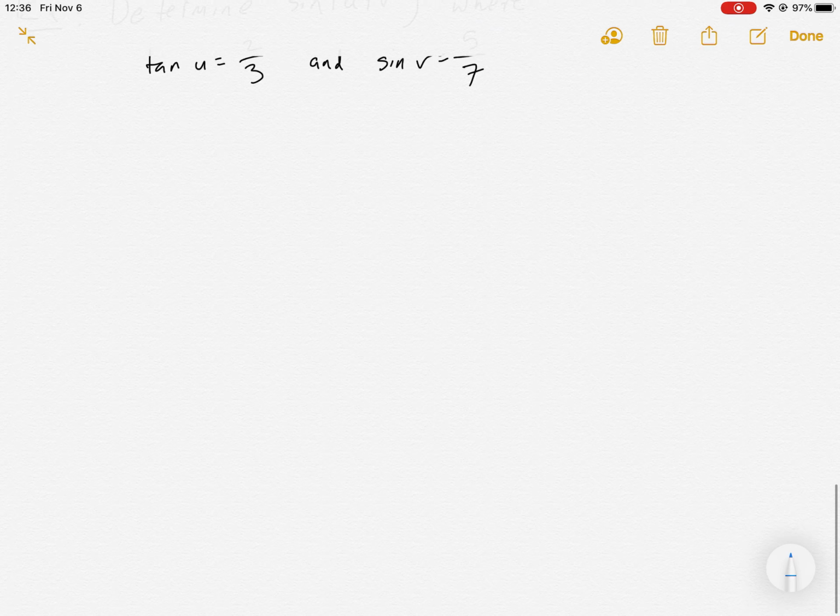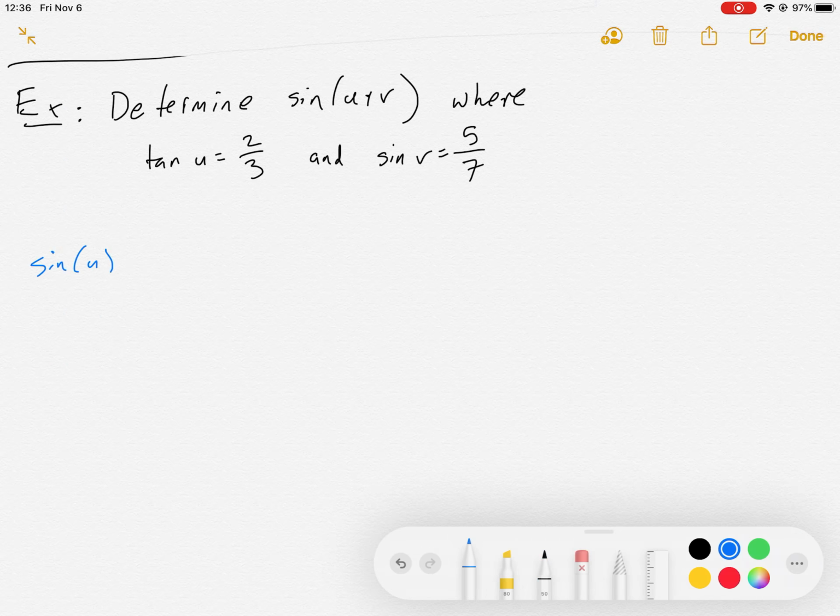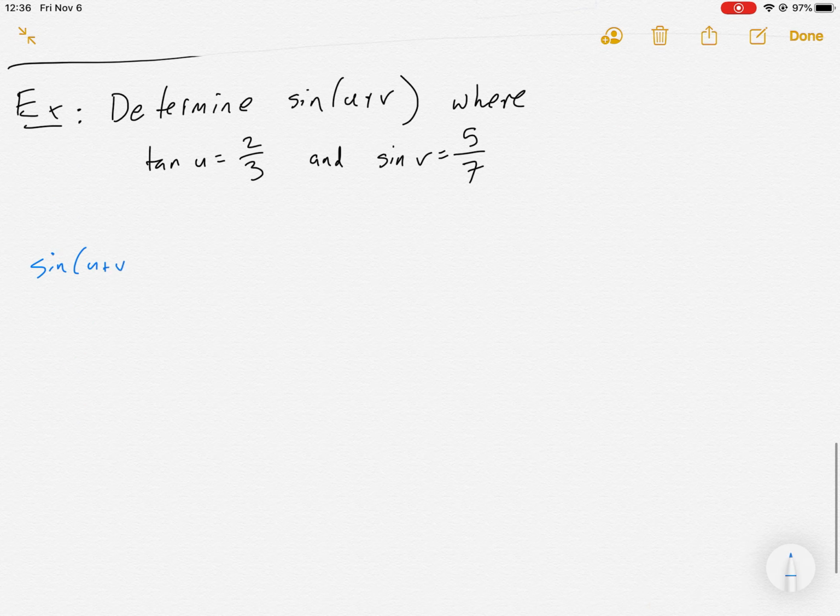So the first thing to do is really just to point out that we already have the formula. So sine of u plus v is just sine of u cosine of v plus cosine of u sine of v.